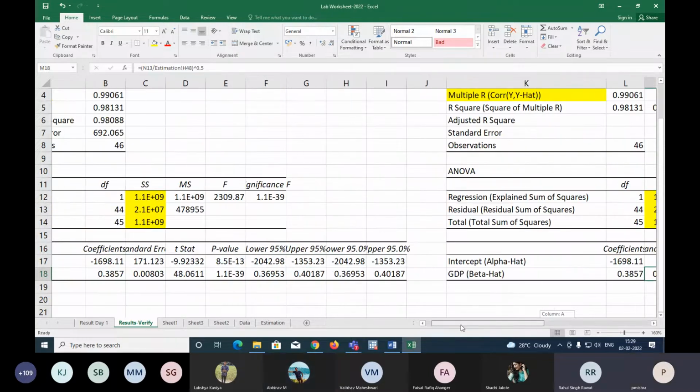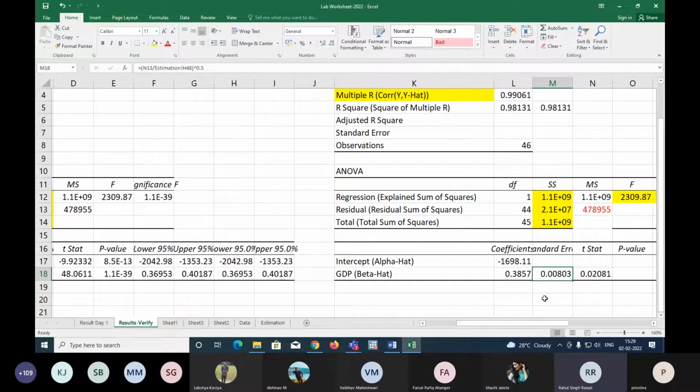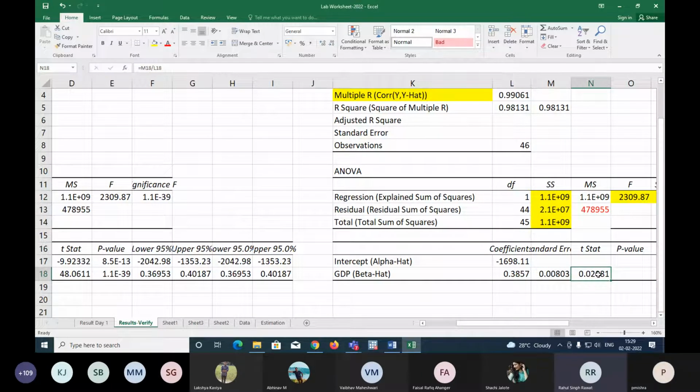Just let me see if I have written anything wrongly. Coefficient m, oh sorry, it should be m divided by standard error. I'm coming to that.